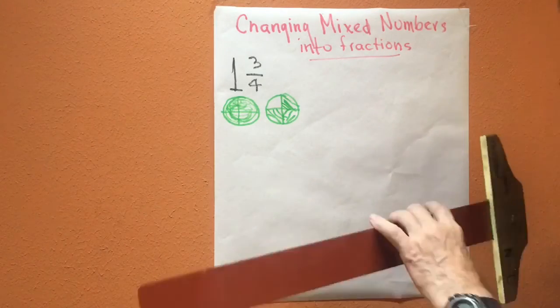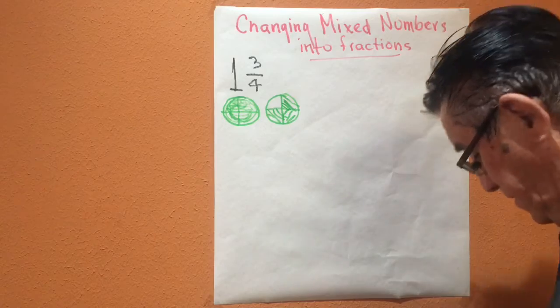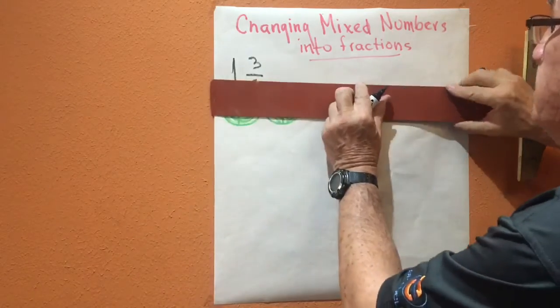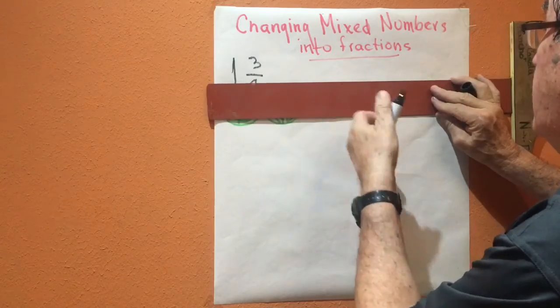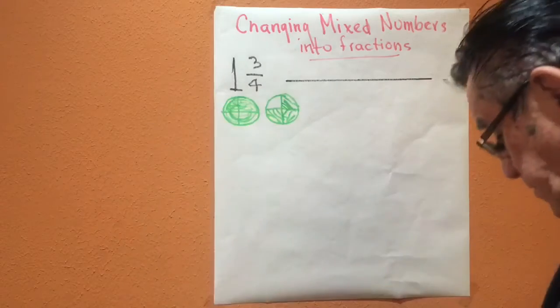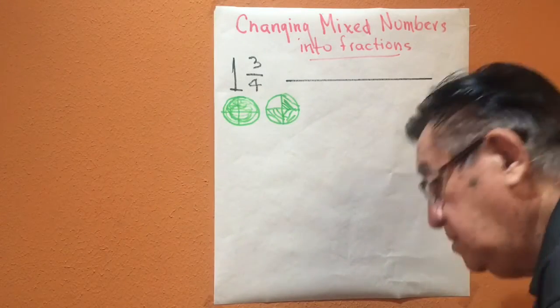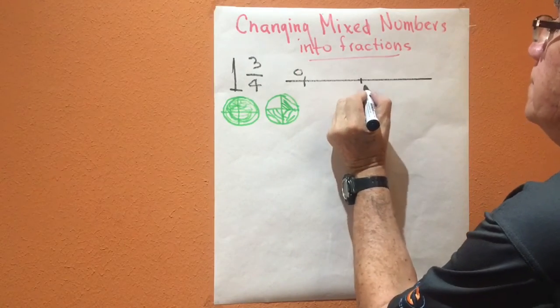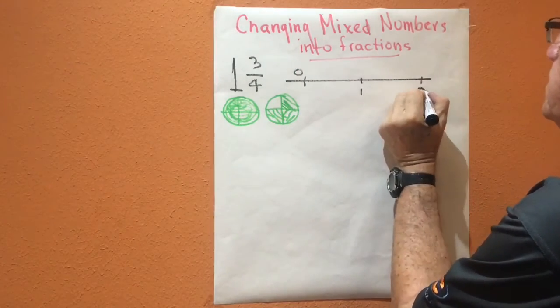Well, it's represented in a number line. A number line is very important for us to understand. What's a number line? A number line is a line that represents numbers. In this case, we're going to begin with 0, 1 and 2.